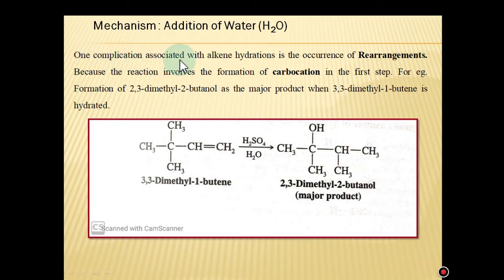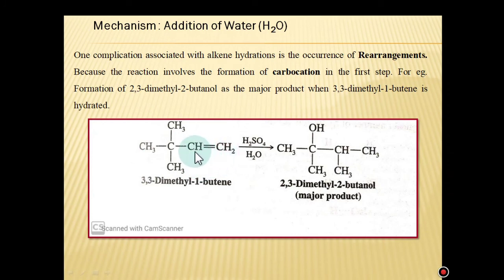One complication associated with alkene hydrations is the occurrence of rearrangements, because the reaction involves the formation of a carbocation in the first step. For example, 2,3-dimethyl-2-butanol is formed as a major product when 3,3-dimethyl-1-butene is hydrated. This is 3,3-dimethyl-1-butene.